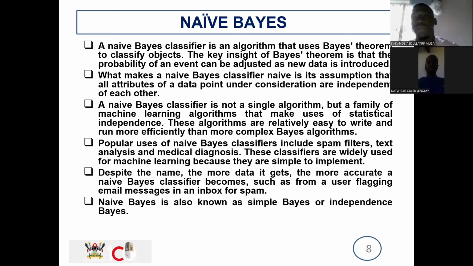For example, the spam filters we use in our emails, and text analysts use this Bayes theorem. And in diagnosis, remember, we have different conditions that may arise from a medical condition. So we can use Bayes' theorem in all those aspects.